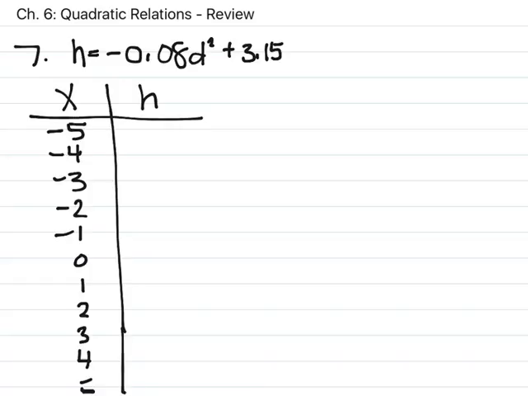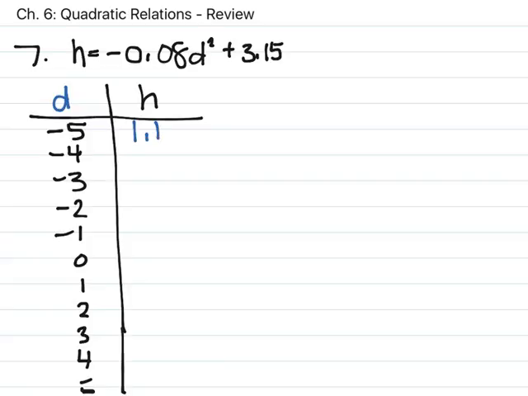Okay, so x is the same thing as d in this equation, so I'm just going to switch it out. And then y is the same thing as h. And they're asking us to find all the y values, which you do by plugging in the values for d, and it will spit out the answers for h.